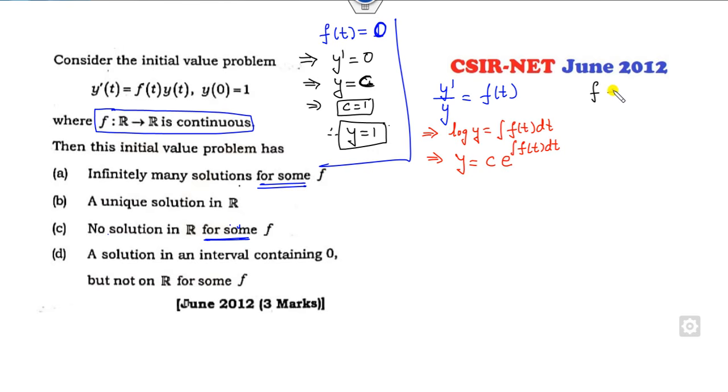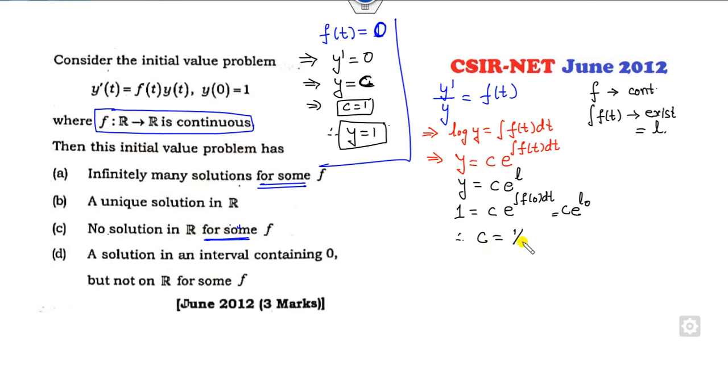Now f is a continuous function, it is given, so the integration of f of t exists. Let's say this is L. So y is c e raised to power L. Now y of 0 is 1, so 1 is c e raised to power integral of f from 0, and I consider this as L naught. So the value of c is 1 over e raised to power L naught. So y is e raised to power L minus L naught.